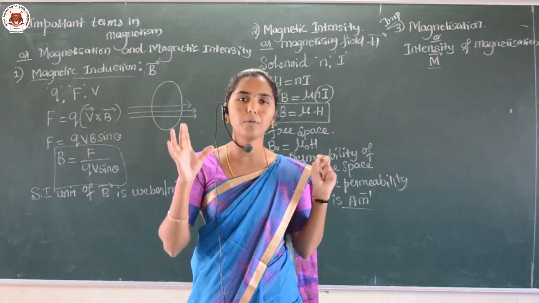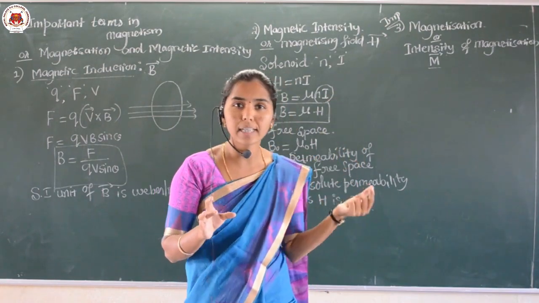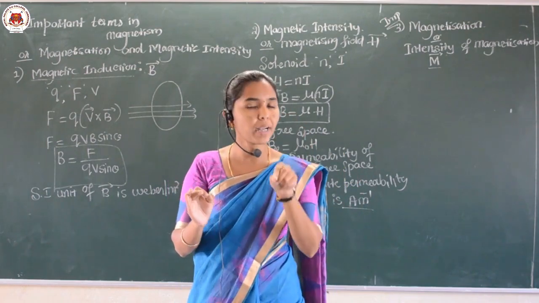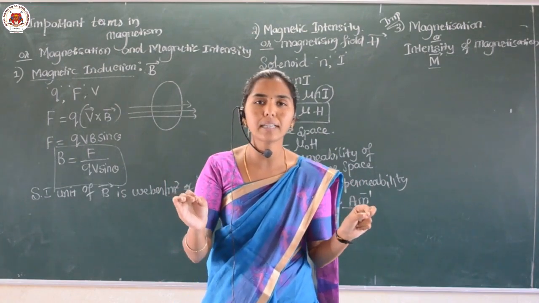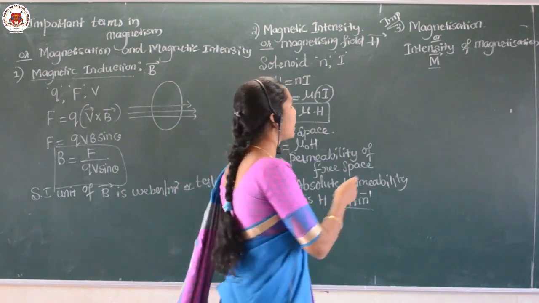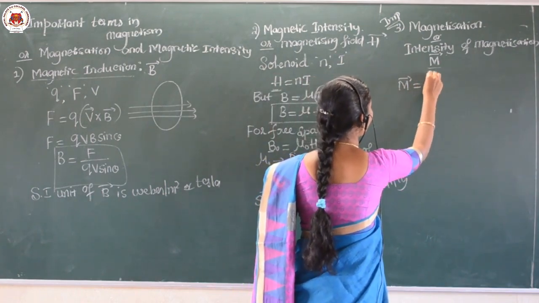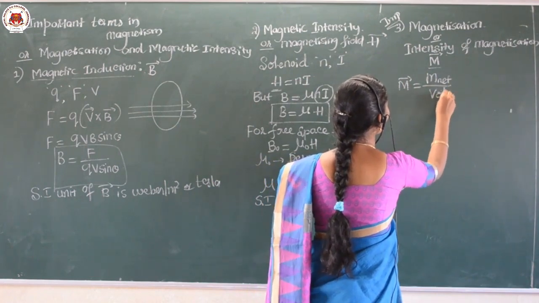per unit volume. What is the magnetization or intensity of magnetization? It is the net magnetic moment produced per unit volume in the magnetic material. So that is given by M is equal to the net magnetic moment per unit volume.